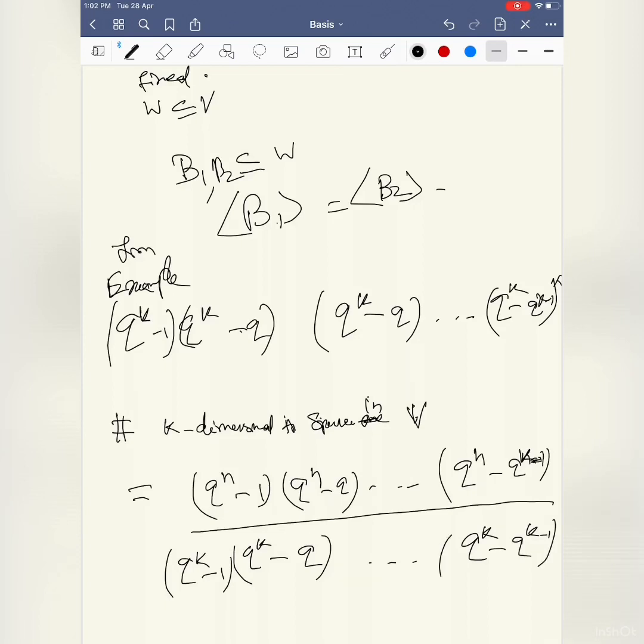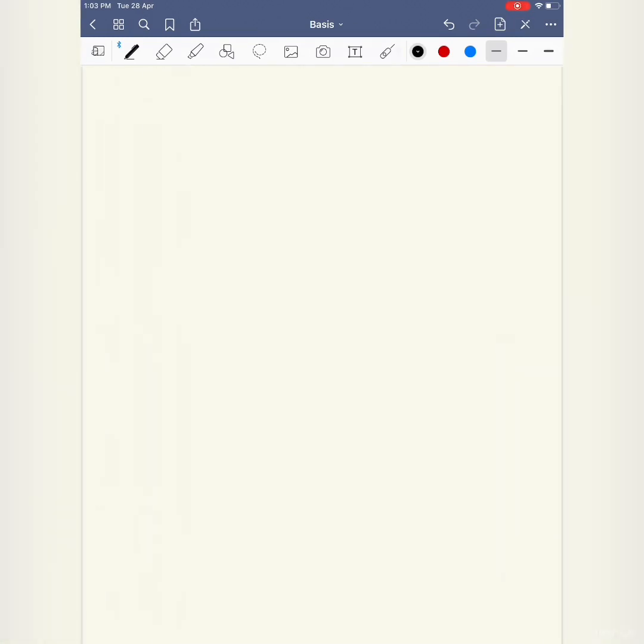So this many k-dimensional vector spaces are there. So this is the final thing.